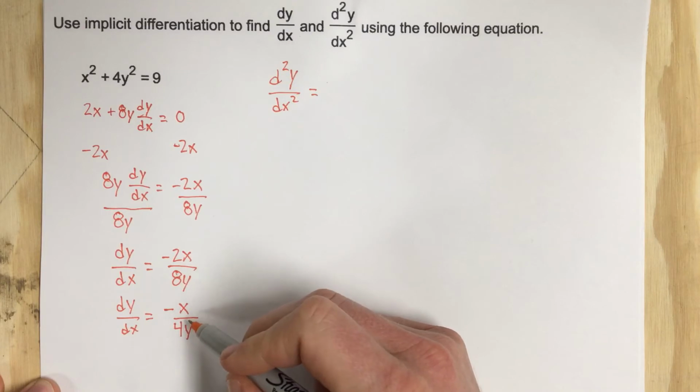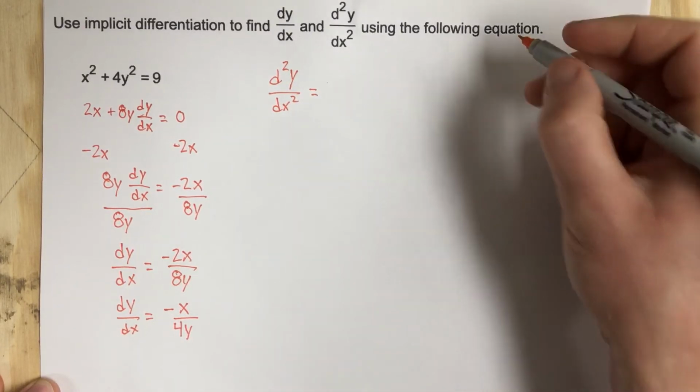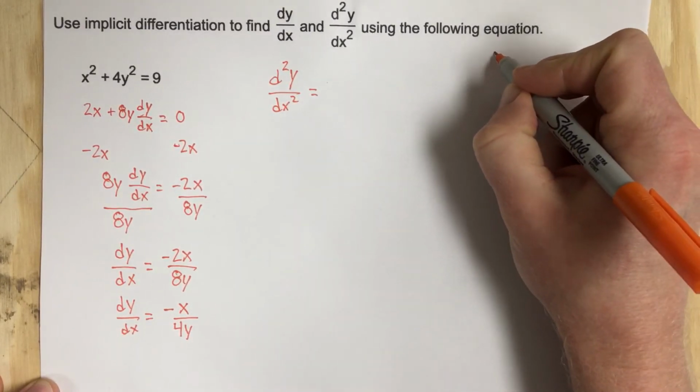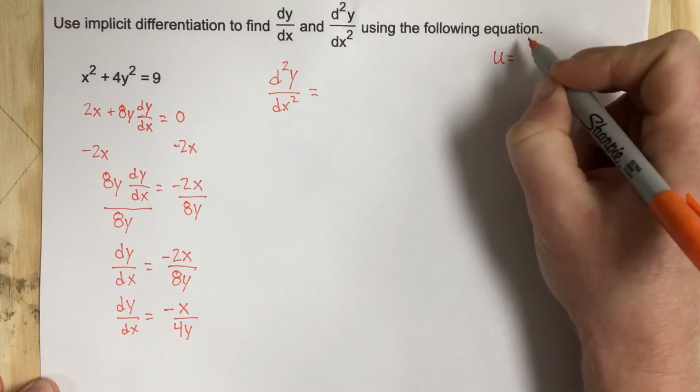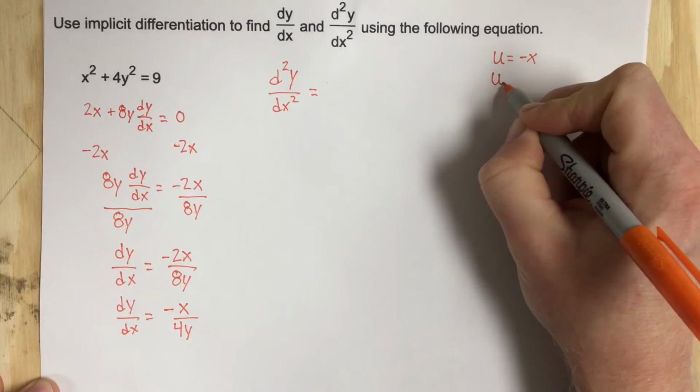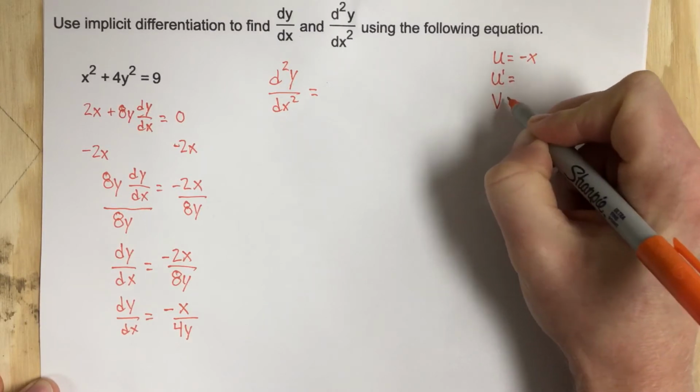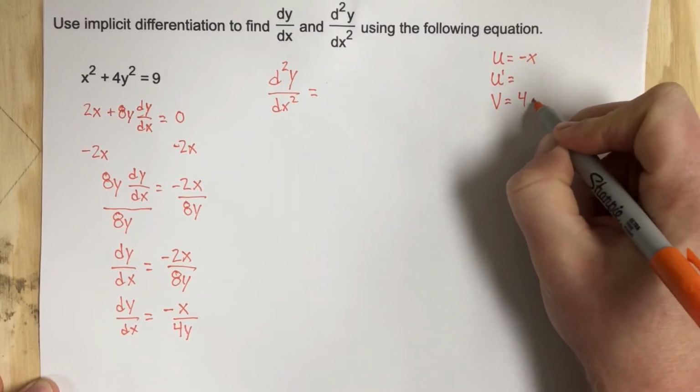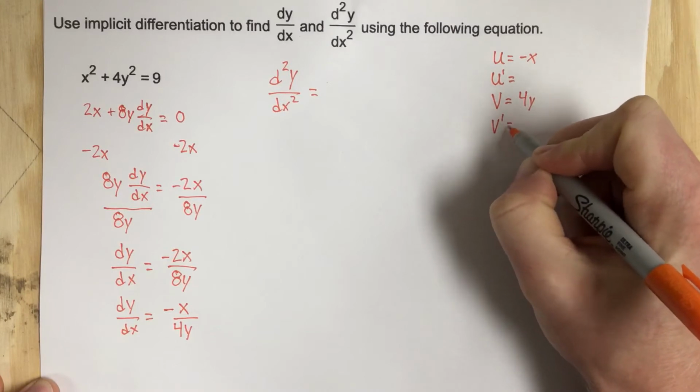So I need to use the quotient rule here. I'm going to say that u is equal to negative x, u prime, v is equal to 4y, v prime.